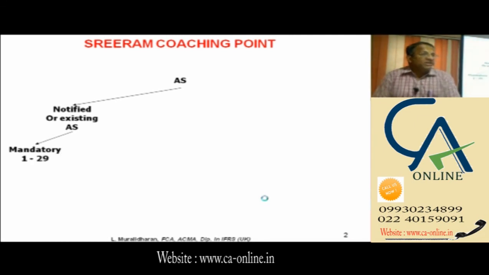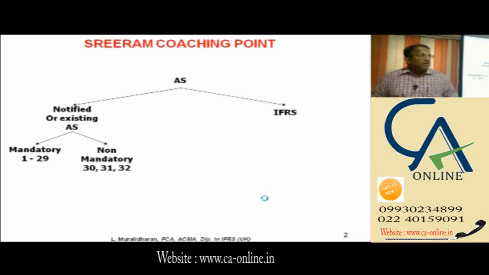Presently, how many accounting standards do you have? 29. That is AS 1 to 29, but in numbers you have only 28. Non-mandatory are AS 30, 31 and 32. Then IFRS. The old set of IFRS you call International Accounting Standards, which will always have a prefix of IAS, not Indian Administrative Services, International Accounting Standards.